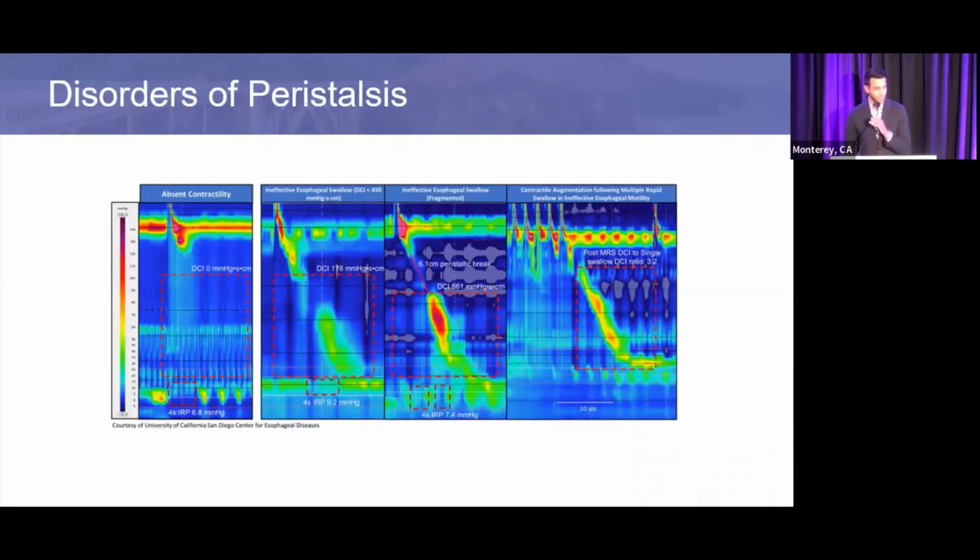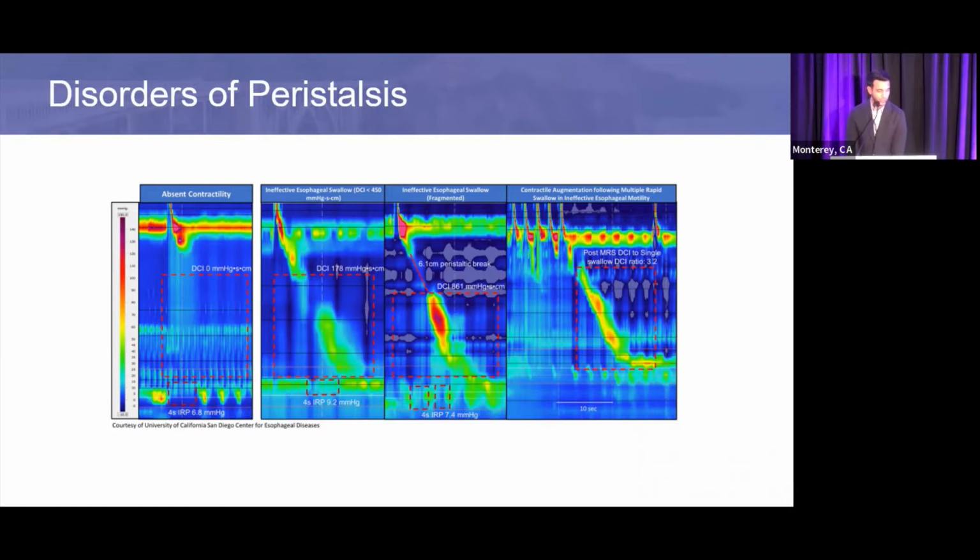So these are the more common disorders of peristalsis. Absent contractility, which you may see in a connective tissue disorder like scleroderma. Ineffective esophageal swallows: a normal DCI is greater than 450, so in here, it's weak peristalsis. The third panel has a large peristaltic break.